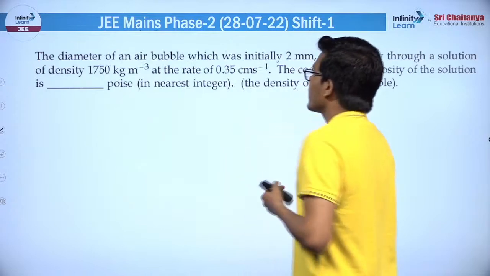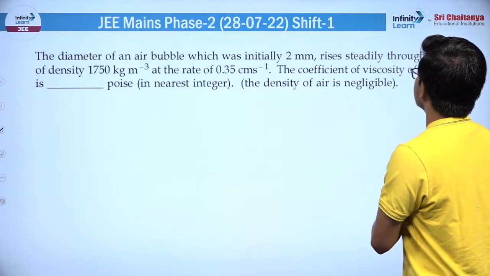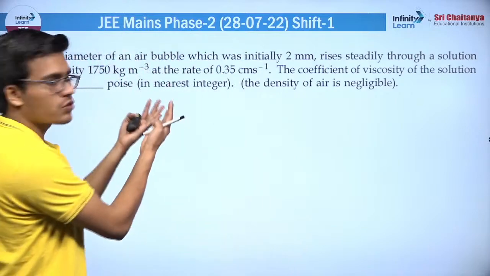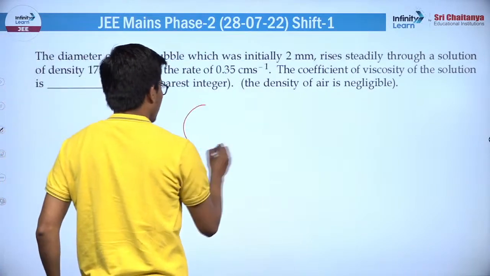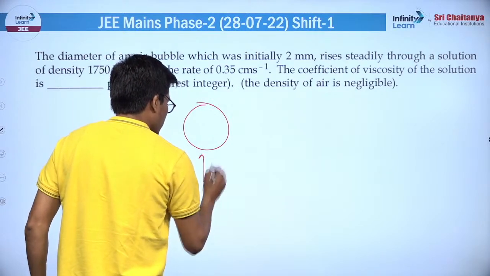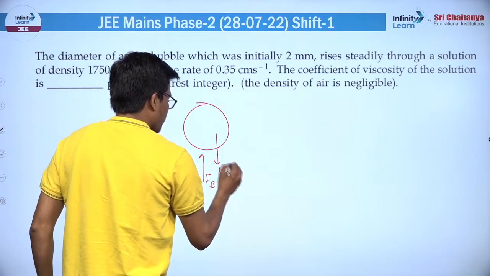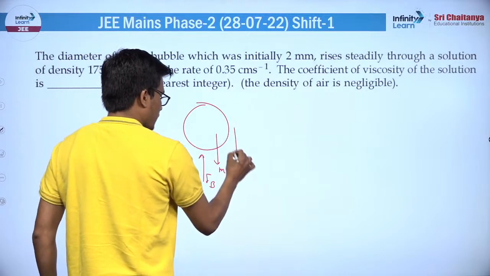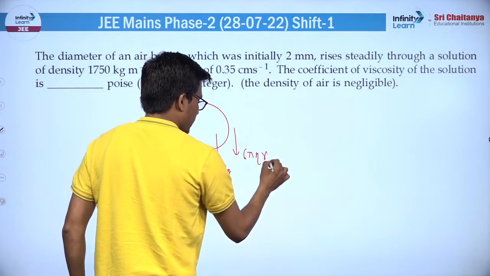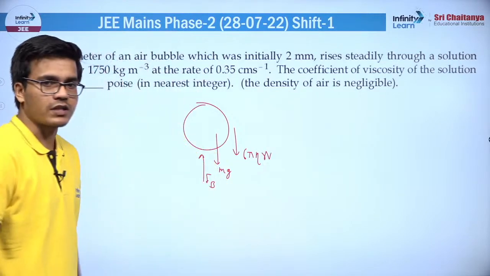The diameter of an air bubble which is initially 2 mm rises steadily through a solution. So this bubble is going upward. Why is it possible? Because the buoyant force is there, the mg force is there, and if it is going upward, there will be a viscous force 6 pi eta rv on a spherical object, right?